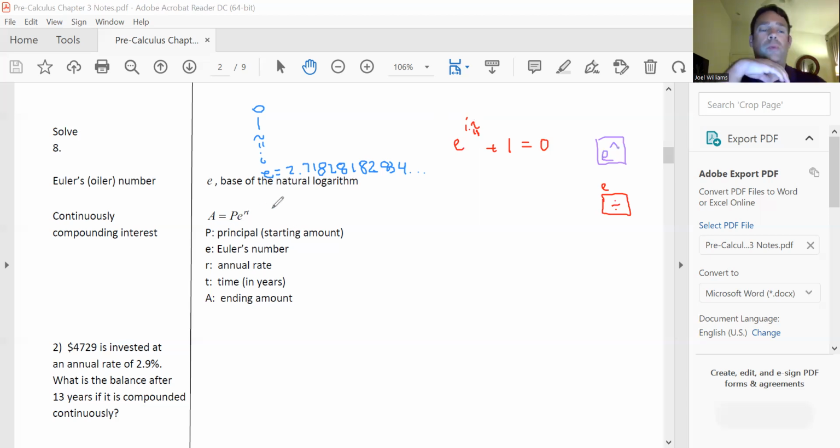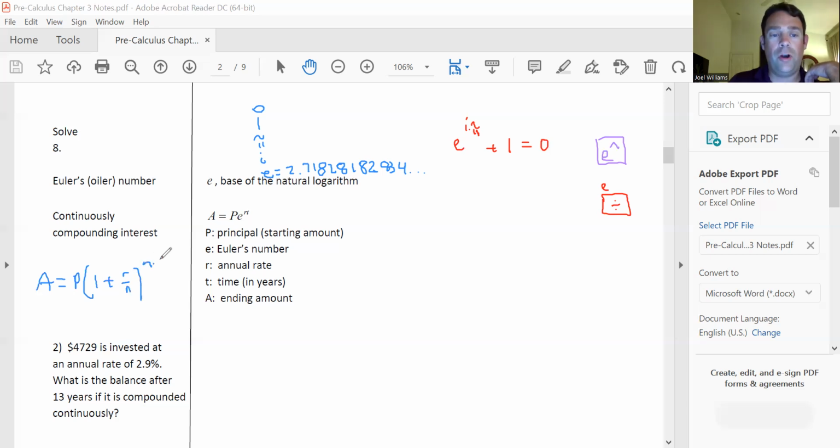One of the biggest places this Euler number is used is in money or any sort of exponential growth. The most common formula we have for that is A equals P e raised to the rt, where P is the principal, the amount of money you're investing. If you remember back in Integrated 1, you had a formula like this, P times 1 plus the rate written as a decimal over n, all raised to n times t.